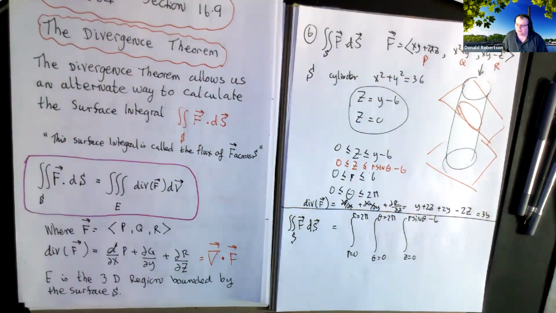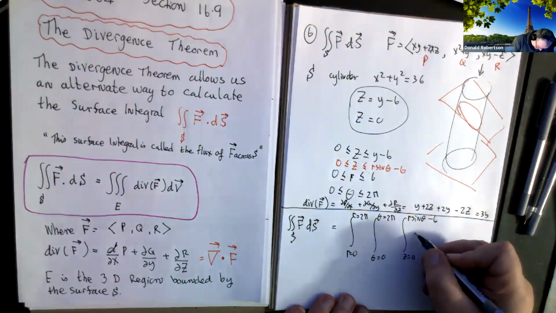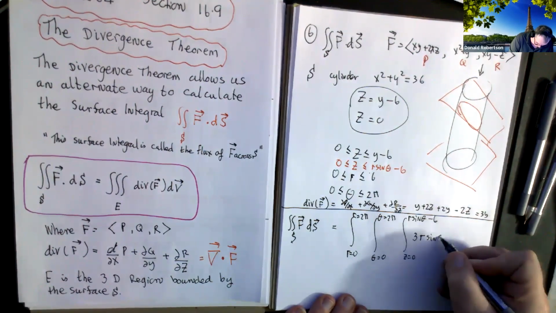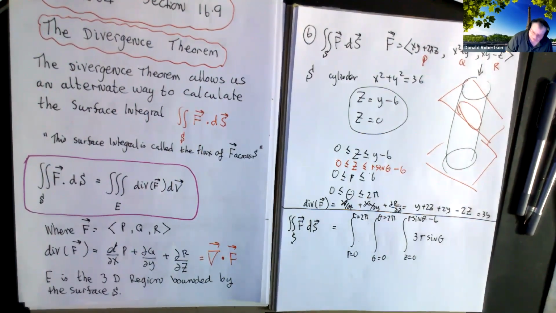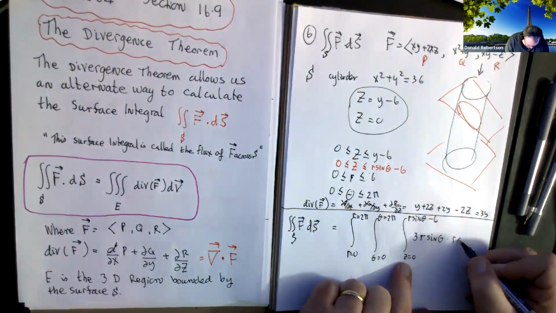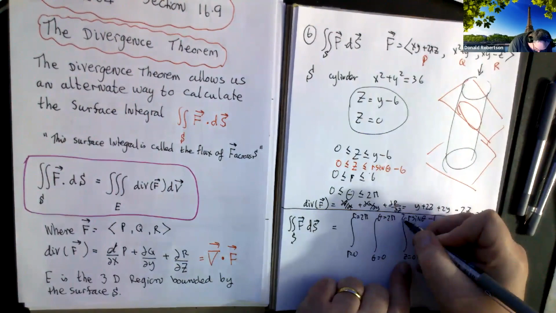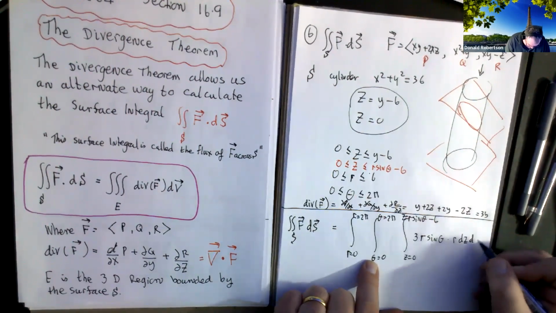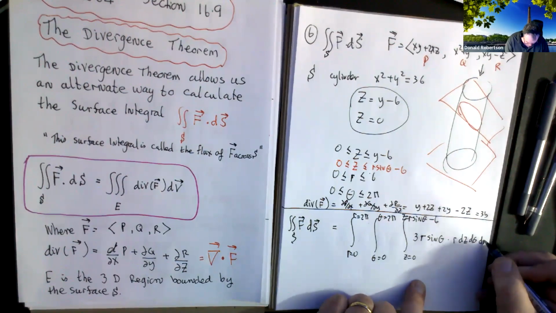You get 3y. Oh, that's not bad. Although I can't use 3y, I need to turn 3y into 3r sine theta. Then I will do r, that's a z equals, by the way, dz, d theta, dr.